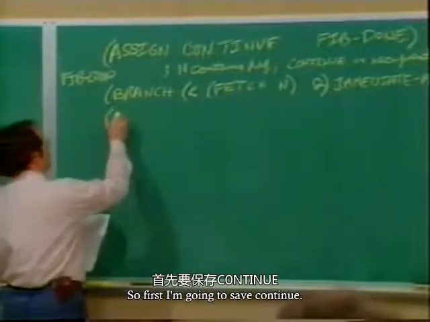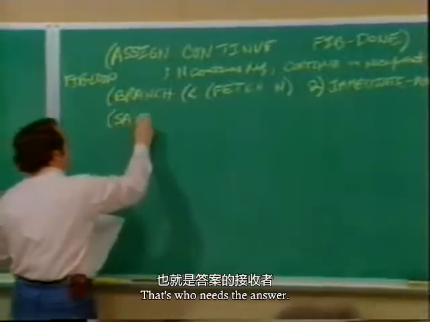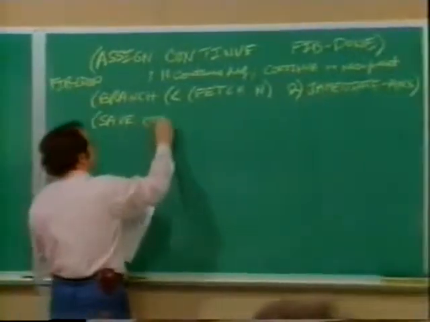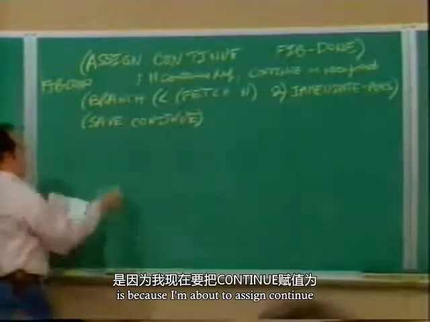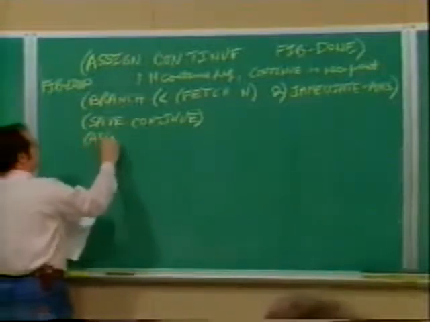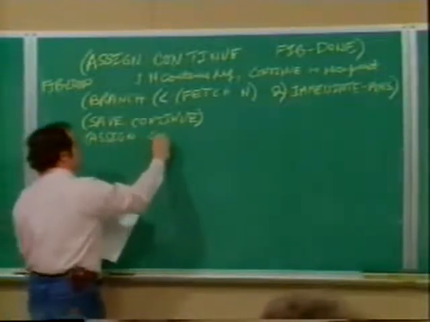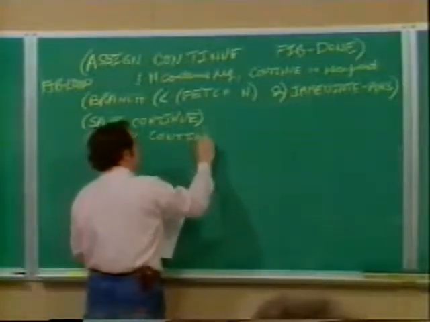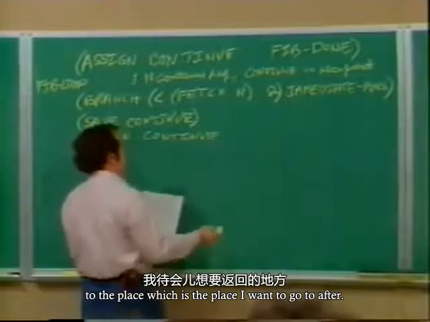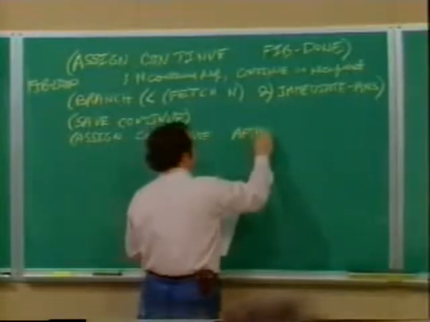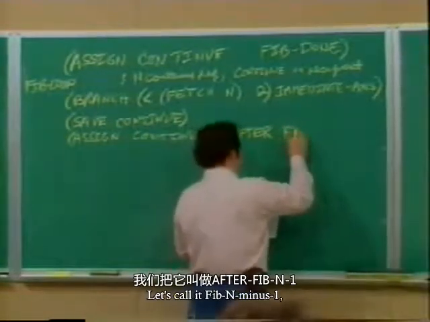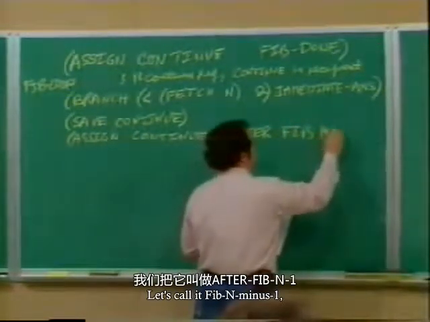So the first thing I'm going to do is save continue. That's who needs the answer. And the reason I'm doing that is because I'm about to assign continue to the place which is the place I want to go to after, let's call it fib n minus 1.